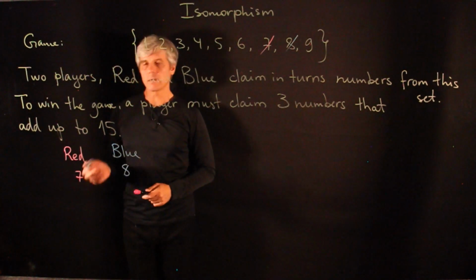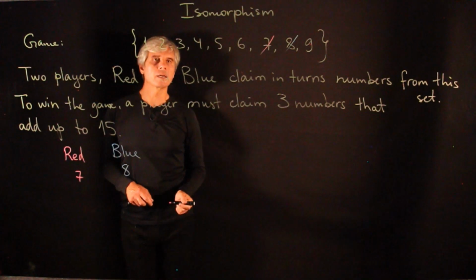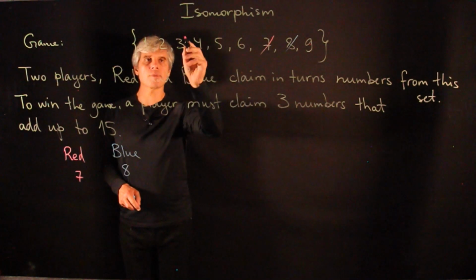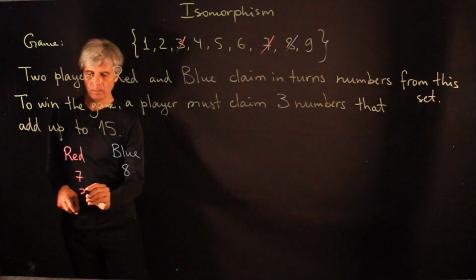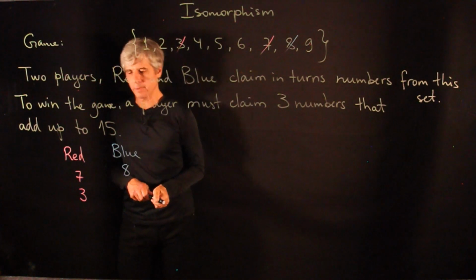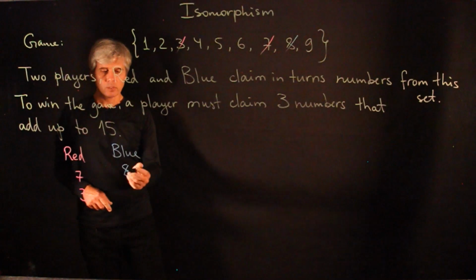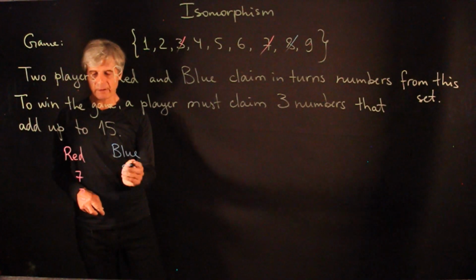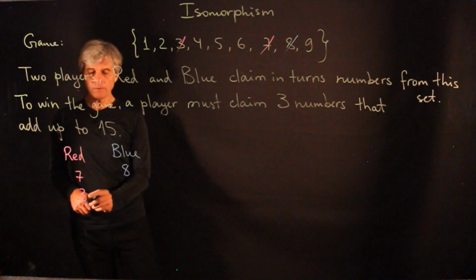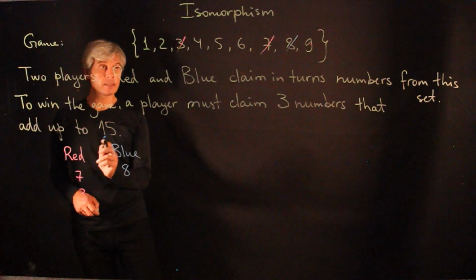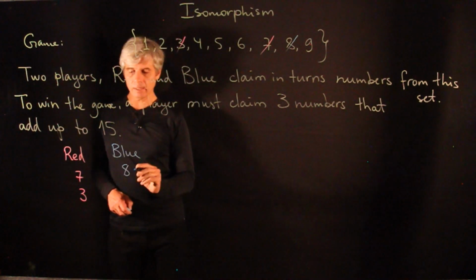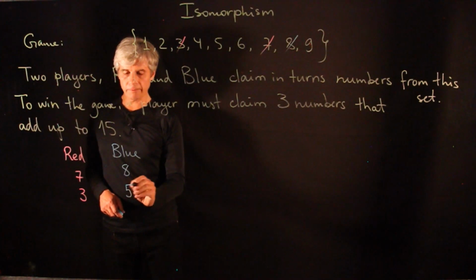Now it's red's turn, and suppose red claims 3. Now, what's blue's move? Blue cannot win right now. 7 plus 3 is 10, so if on the next move red claims 5, then red would win. For this reason, blue has to claim 5.